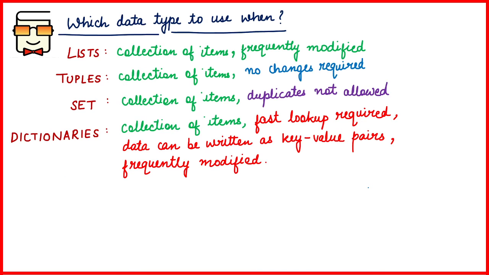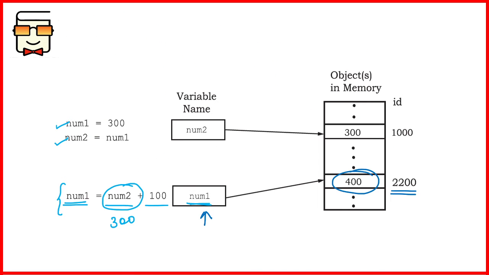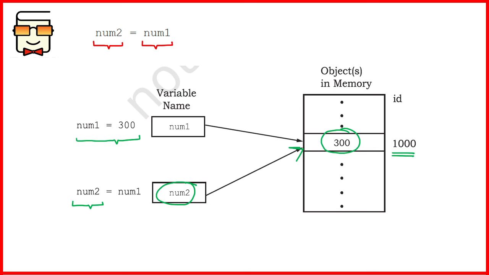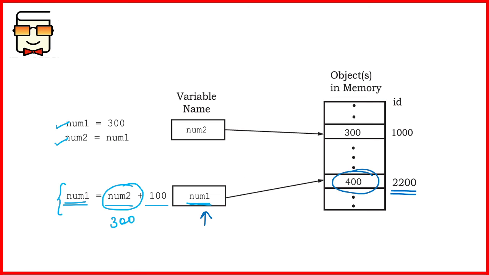So what I mean to tell here is that whenever you want to change the value of an immutable data type, internally Python destroys the old variable that stores the immutable data value, and then it creates a new variable that has the same name as the old variable, and points it to the memory location that now stores the updated value.